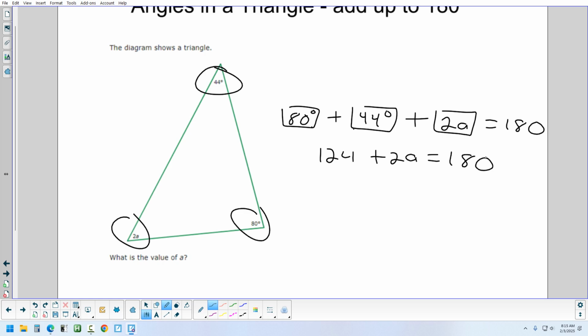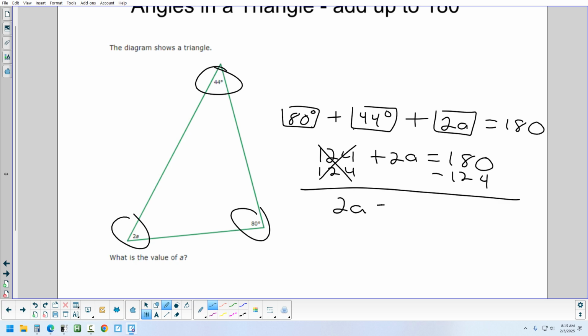What would be my next step if I was trying to get A by itself? Subtract the 2? Or the A? No, we wouldn't do any subtracting with the 2 or the A yet. 124. Yep. Subtract 124 from 180. Yes. Subtract 124 from both sides.